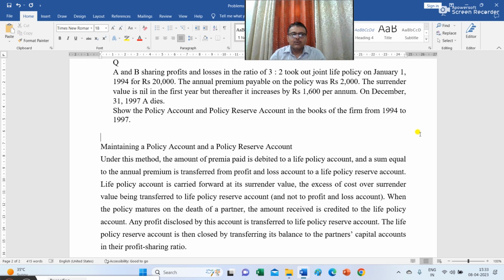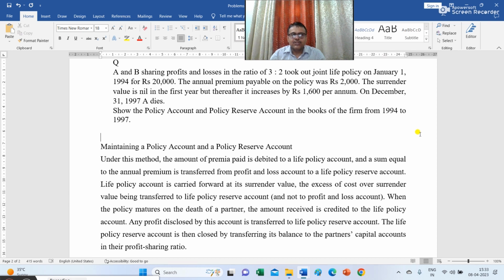Life policy account is carried forward at its surrender value, the excess of cost over surrender value being transferred to life policy reserve account and not to profit and loss account.